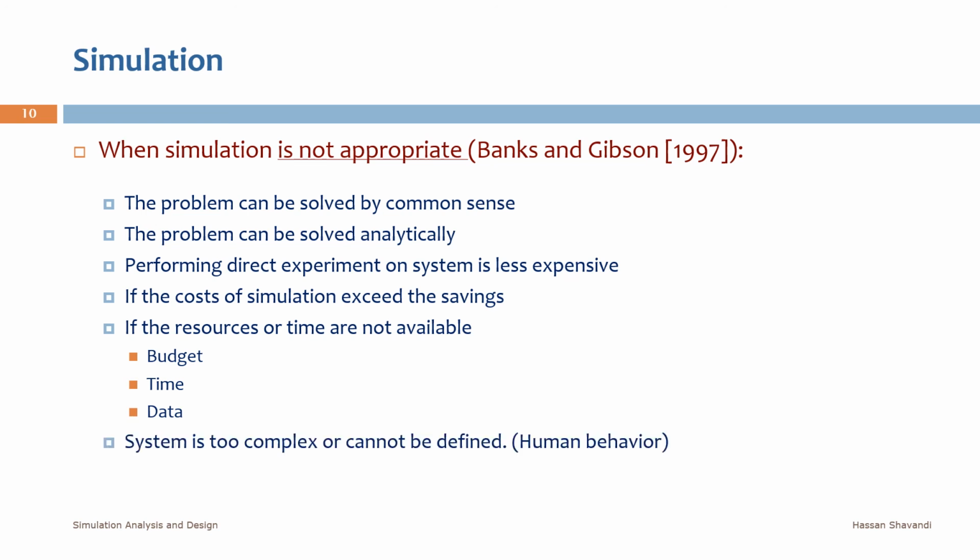Okay, and if the system is too complex or cannot be defined, like human behavior, if the system is much more complex, in that case we cannot even apply simulation, because we can't simulate human behavior, for example. How are we going to build a simulation model for human behavior?